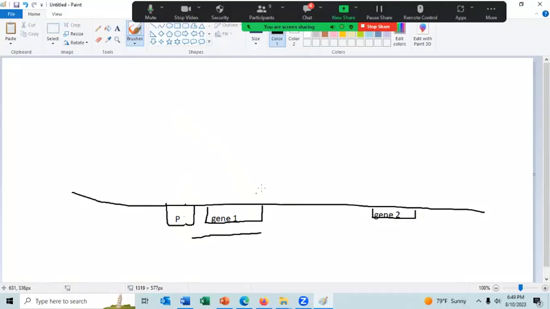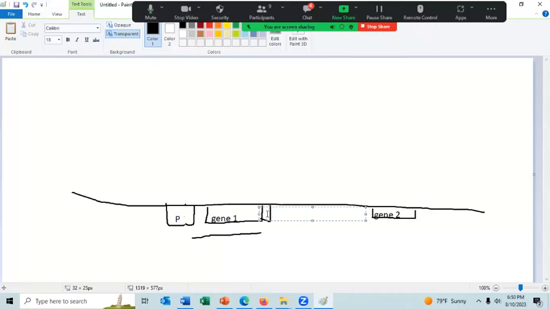And then at the end of the gene, I'm going to put that right there. Let's make it a little bigger so I can put in the T. Right here is the T. You can sort of see the T now.